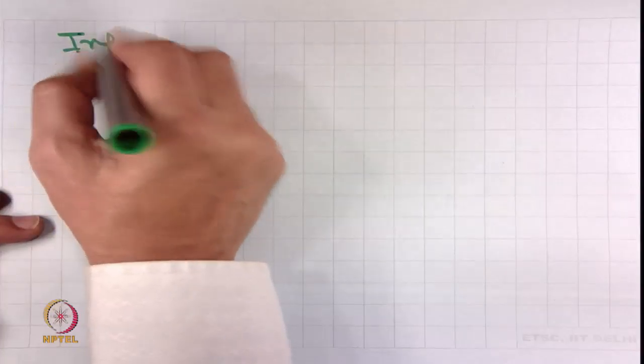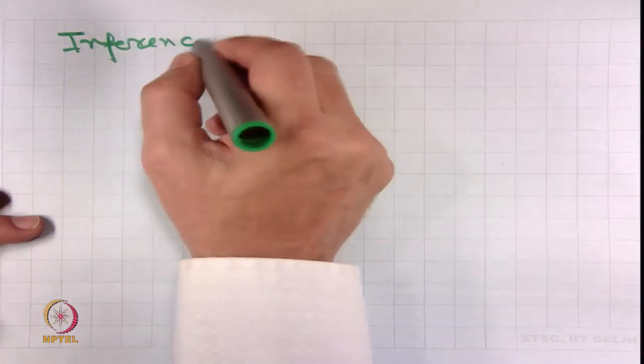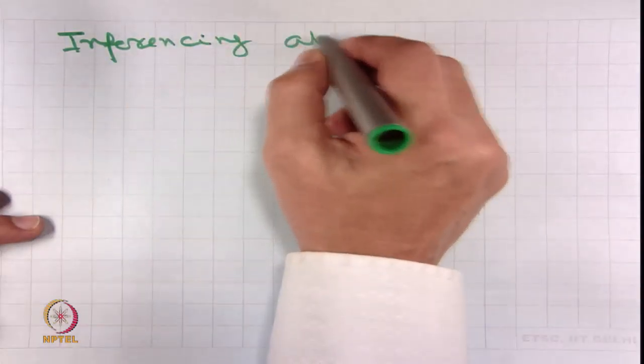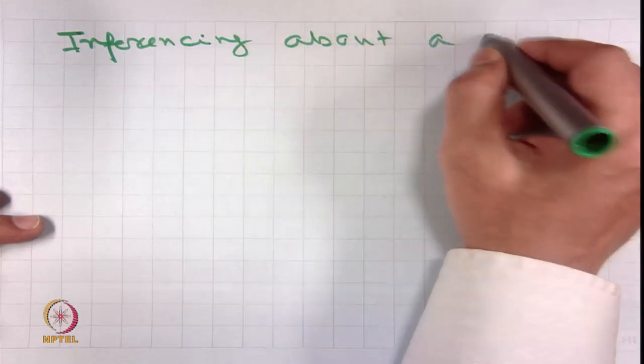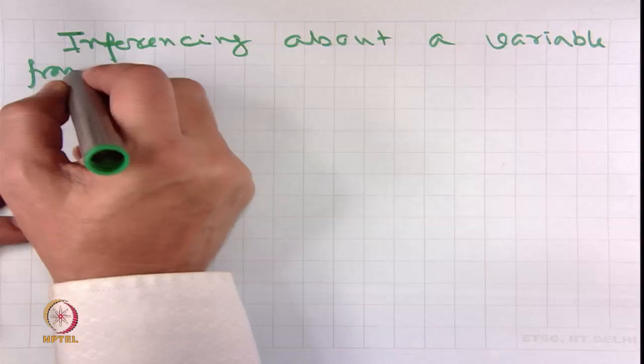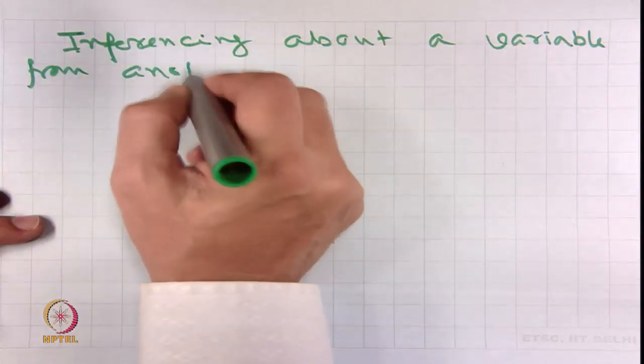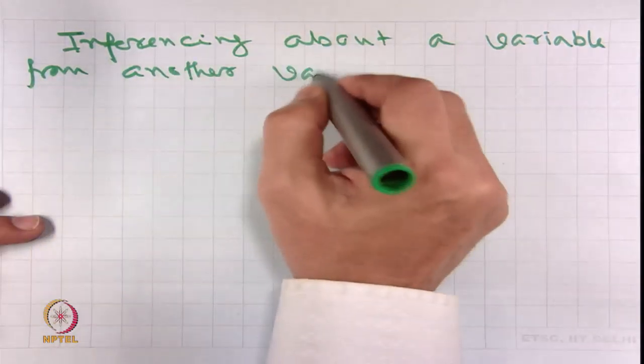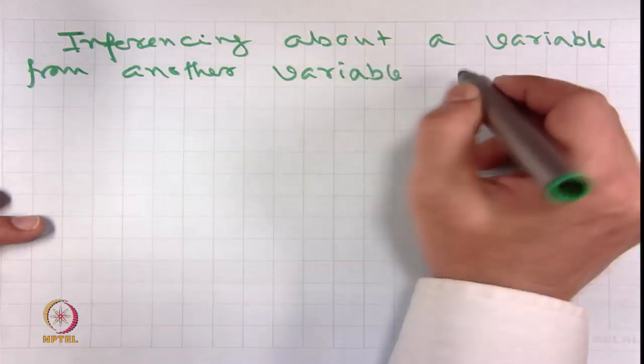Now, inferencing about a variable from another variable is not new.